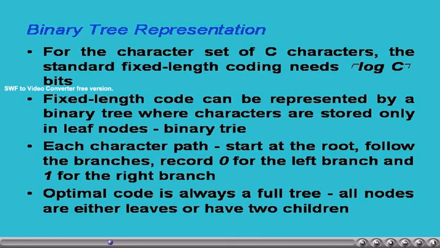The same can be represented in a binary tree fashion also, where the characters are stored in the leaf nodes, which is called a binary trie. In the next slide, we'll show an example binary trie for the problem.